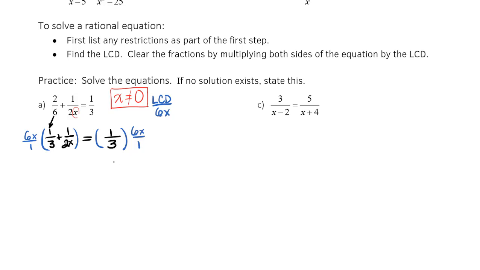Now I'm going to distribute that 6x through to each term inside parentheses. 6x/3 + 6x/(2x) = 6x/3. If we were to reduce this, we would get 2x + 3 = 2x.